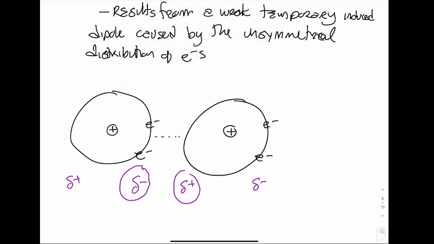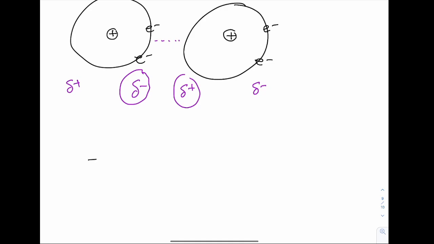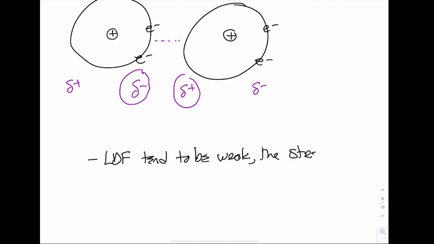So that's our next statement here, that London dispersion forces tend to be weak, but the strength varies greatly. Each one individually is pretty weak, but if you have a really big molecule with lots of electrons, then they sum to be substantial.